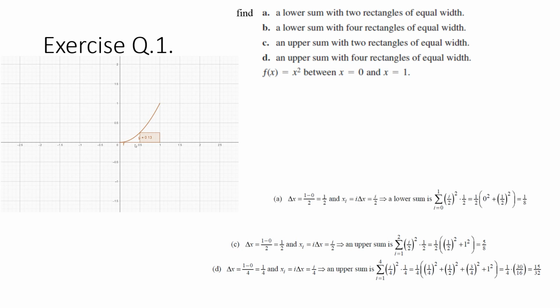Now you can see that this interval 0 to 1 is subdivided into two subintervals, 0 to 0.5 and 0.5 to 1. Now in the interval 0 to 0.5, the lowest value of the function is 0. So that is why you cannot see any rectangle in this interval, because the height of the rectangle is 0.